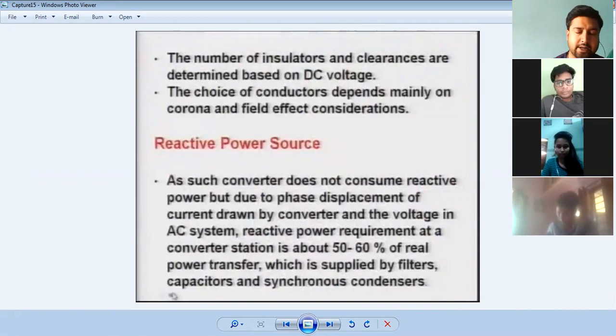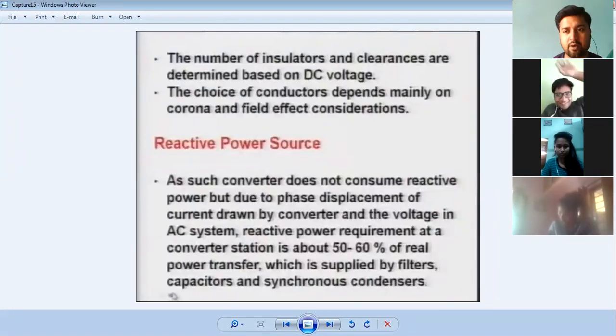That means we know there are two powers, real power and reactive power. So if 100% is the real power, then the requirement of reactive power in the AC system is 50 to 60%, which is supplied by the filter.